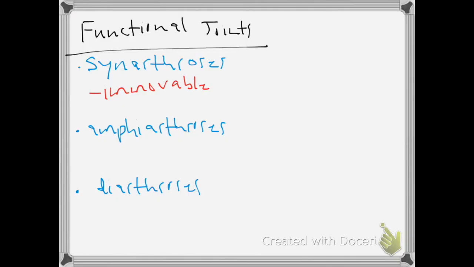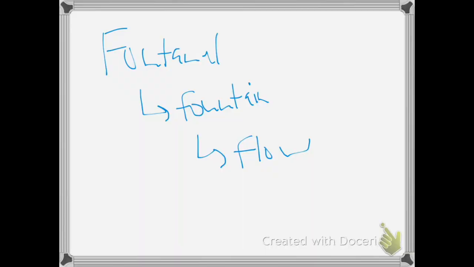We just looked at fontanelles a couple slides back. Once these fontanelles close, they have these joints between the two bones with pretty much no space between them. We have this bone, a tiny bit of connective tissue, and then this bone. So there's not a lot of movement. There's not movement at all.